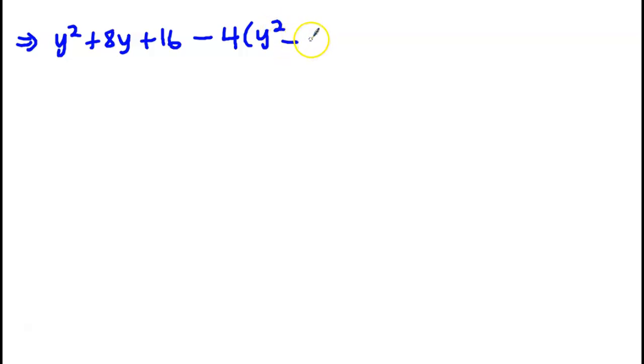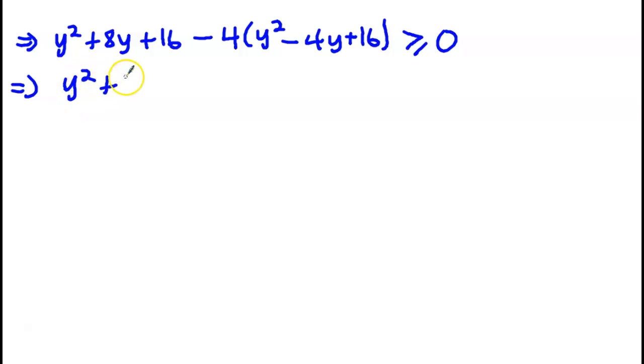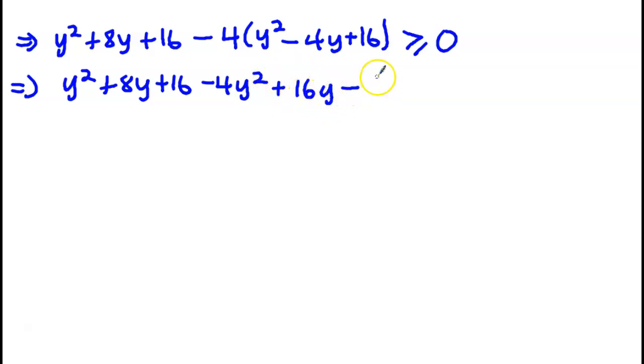So we can expand. We have y squared plus 8y plus 16, then minus 4 times (y squared minus 4y plus 16), which is greater or equal to 0. So we still have to simplify. y squared plus 8y plus 16 minus 4y squared, then this term will be plus 16y minus 64, greater or equal to 0.